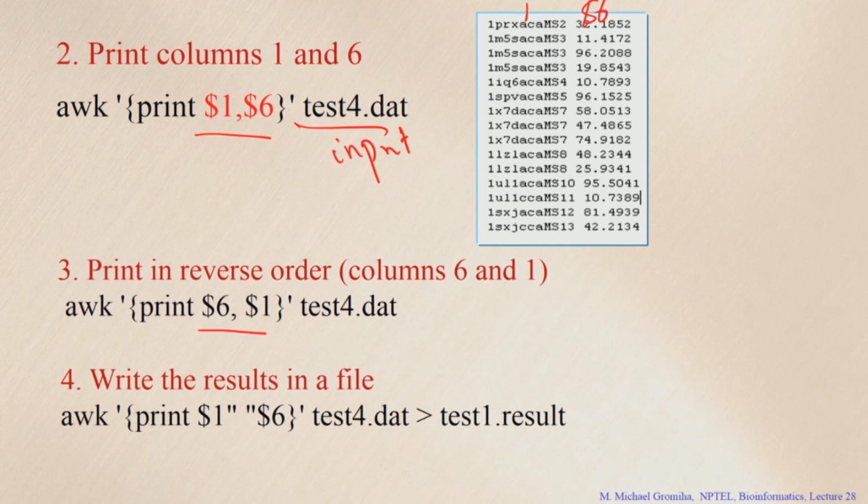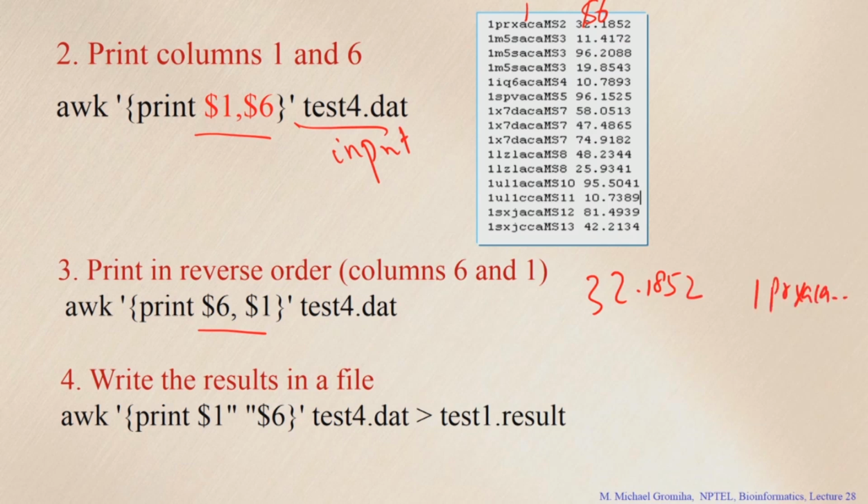If you ask for the first column, it writes the first column, then the 6th column. Whatever order you give, accordingly you can write. If you write 6 and 1, you will get 32.1852, then 1 PRXACA, like this.